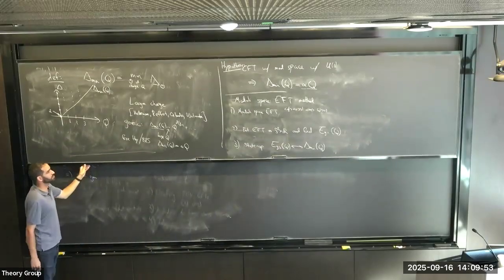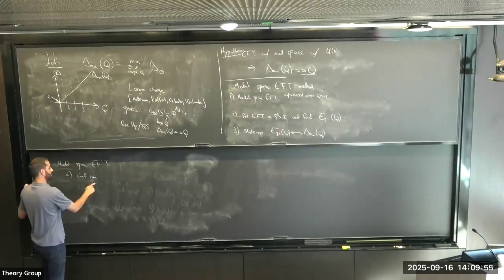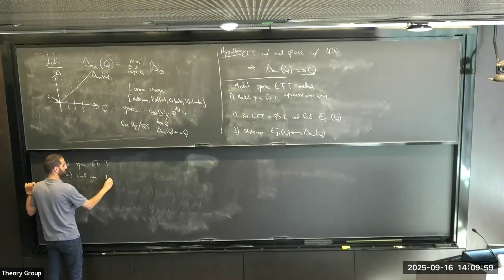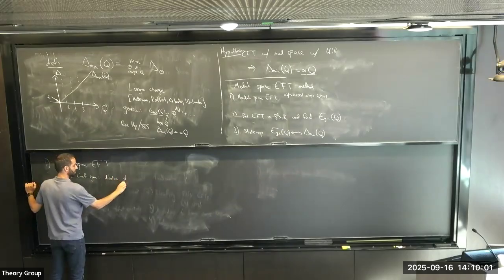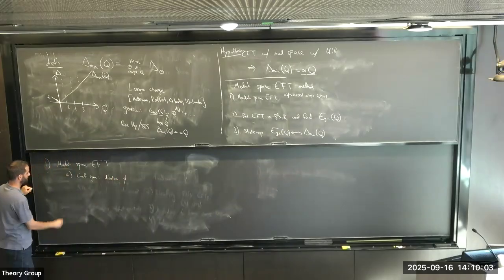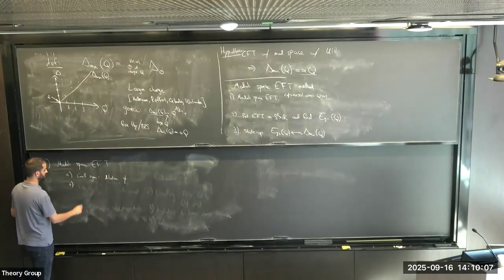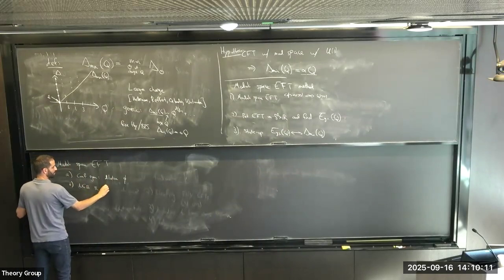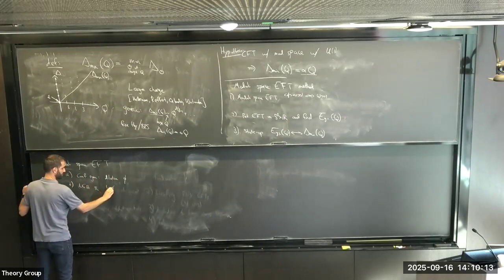And so I get Goldstone bosons. And you only get one Goldstone boson when you do this. You get something called a dilaton. So we expect at least one massless scalar, a dilaton. And I'm also assuming some U(1) symmetry spontaneously broken. And so I get a Goldstone boson for the spontaneously broken U(1) symmetry.